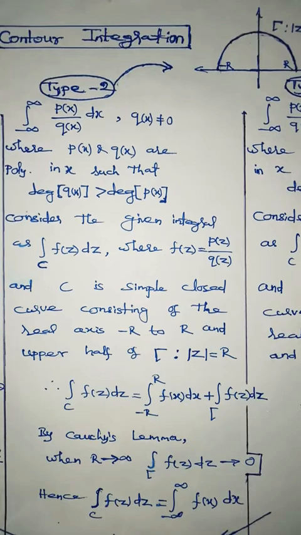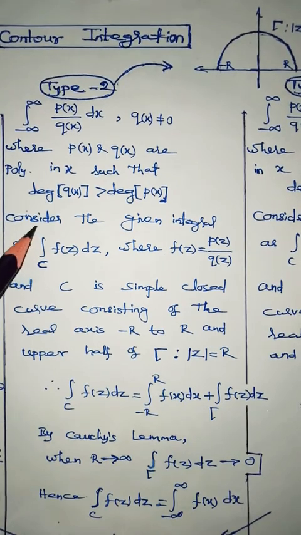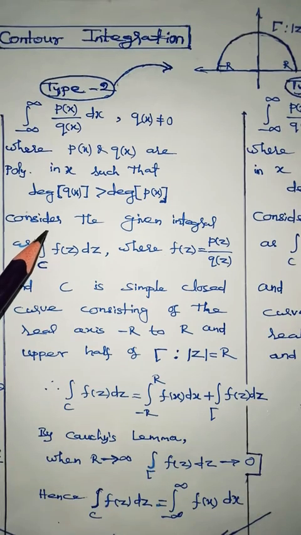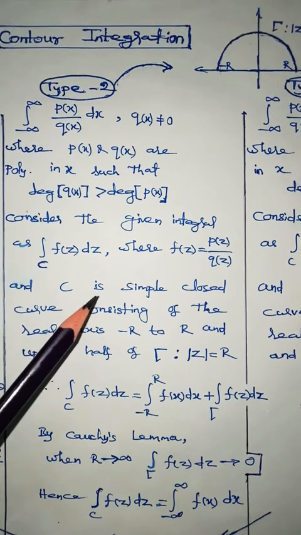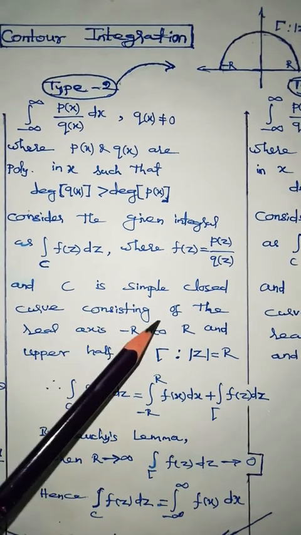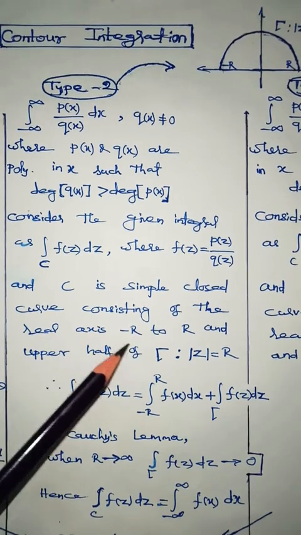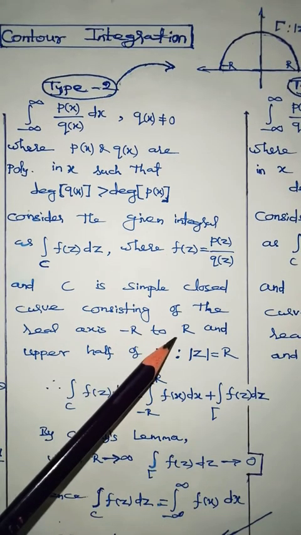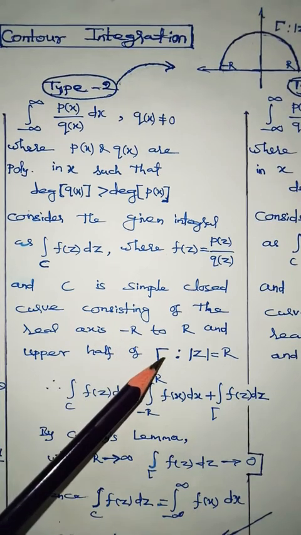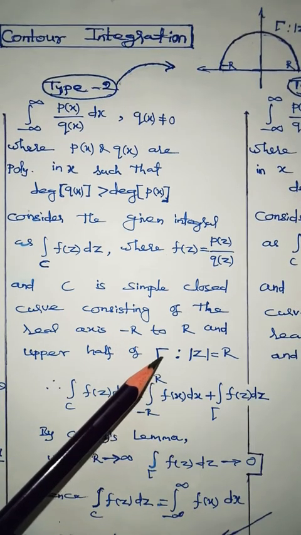Now, how to evaluate second type problems? In the first type, we consider C as a unit circle, but in the second type, C is nothing but a simple closed curve consisting of the real axis from minus r to plus r and the upper half semicircle gamma.